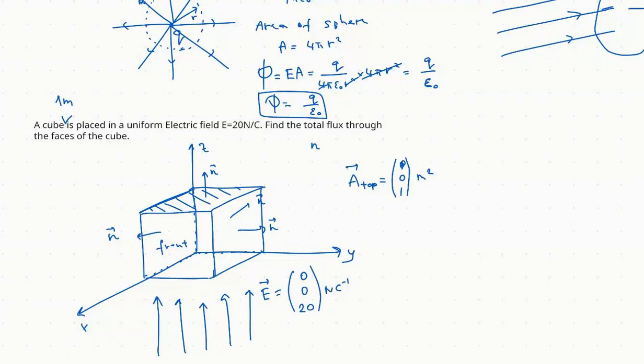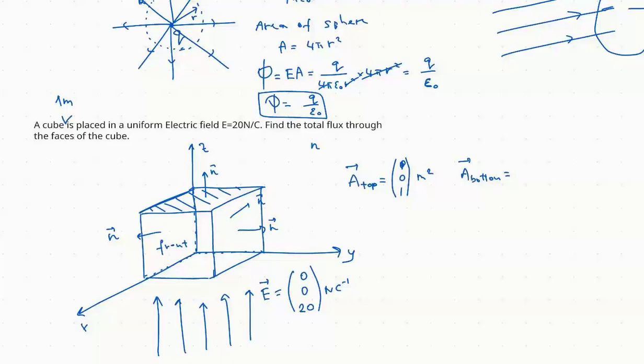A bottom. Sorry, I did not see that comment. Can you please write the comment again? It very quickly disappears, and I don't know how to get it back. Chat. Oh, does flux have a unit? Yes, flux has a unit.